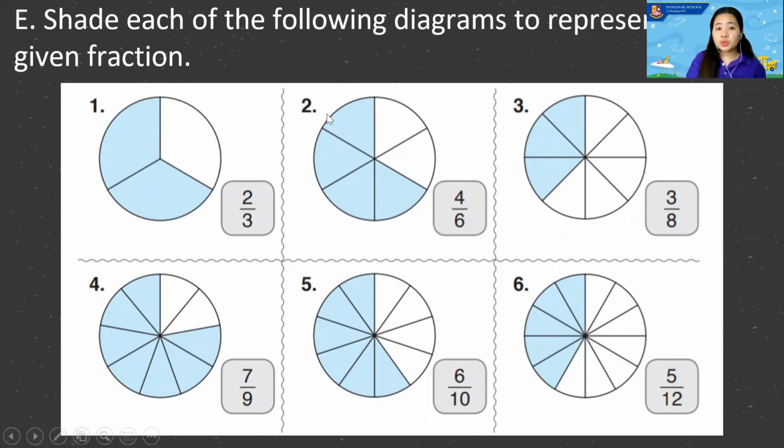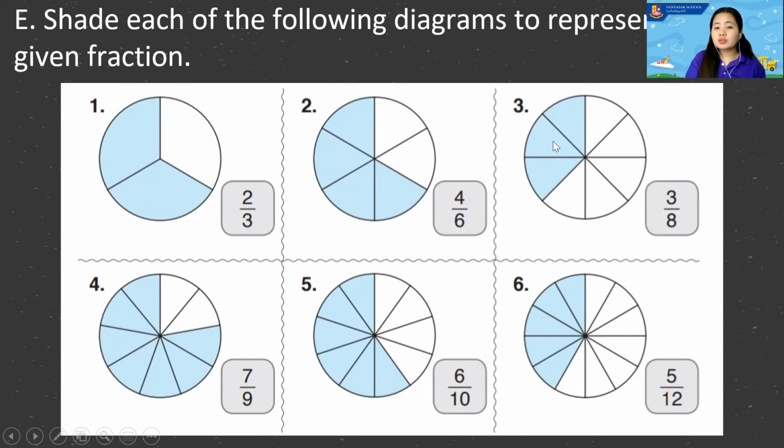How about in number 2? We have 4/6. So we have to color how many? 4. So 1, 2, 3, 4. Okay, how about number 3? 3/8. So how many will you color? So that is 3.